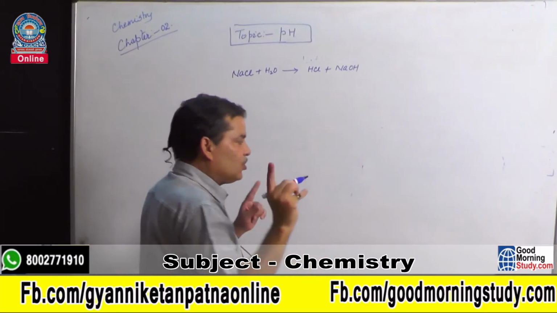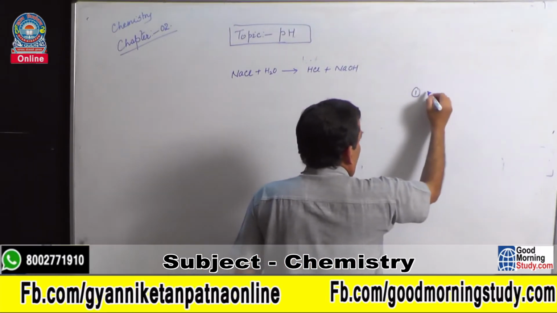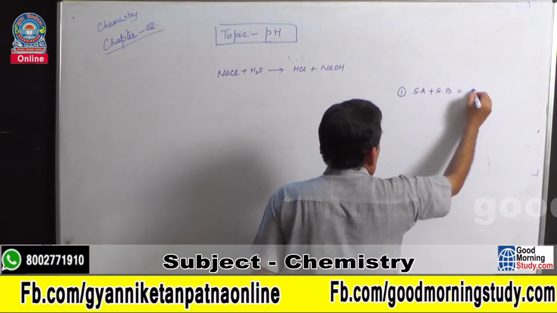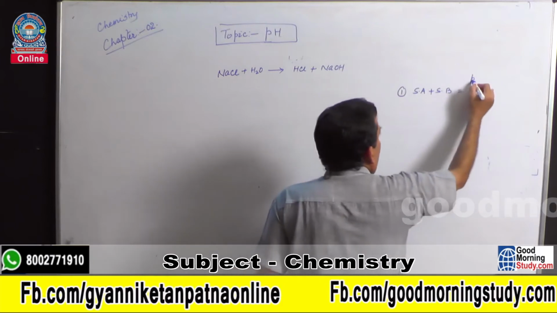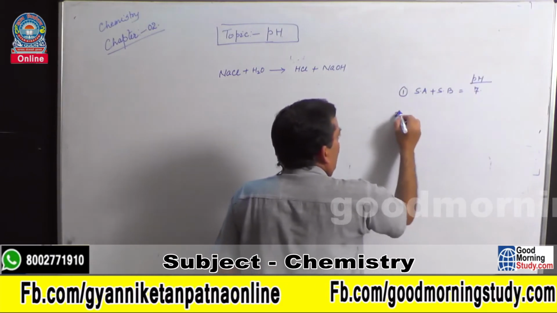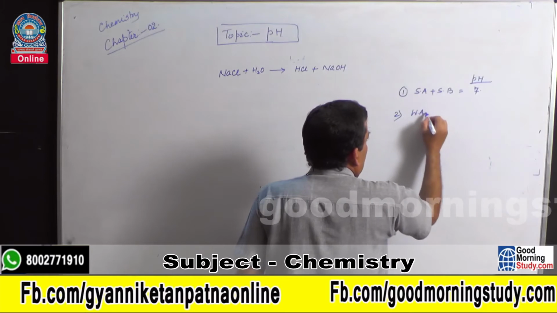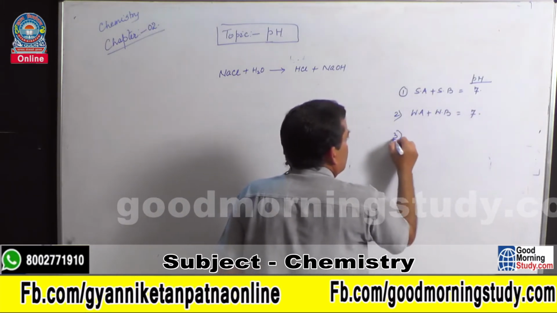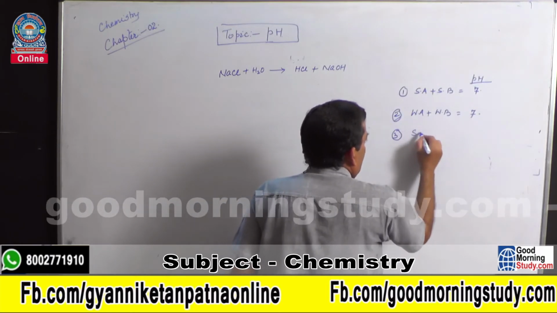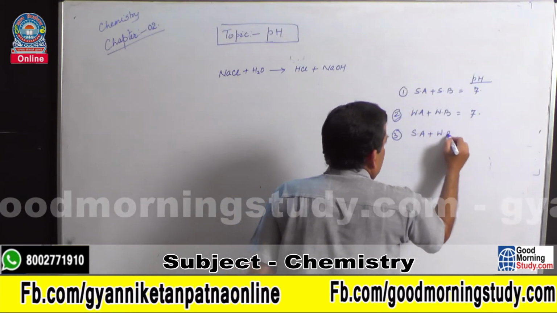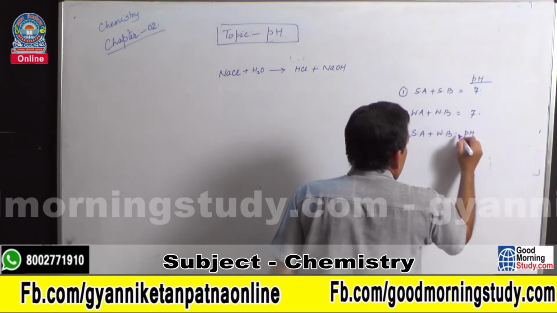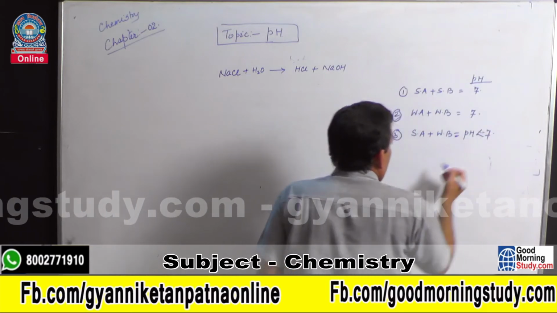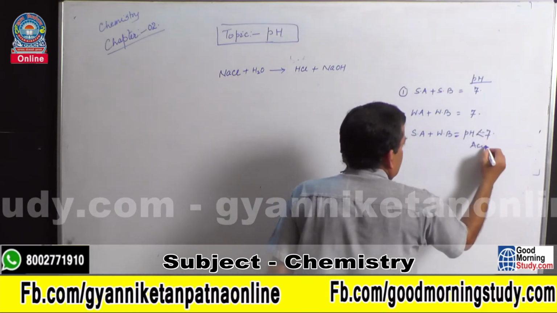Now you have to keep in mind these cases. One, in case of a strong acid and a strong base, the pH will be 7. Another, a weak acid and a weak base, then the pH will also be 7. Third case, a strong acid and a weak base, the pH will be less than 7, because it is acidic.